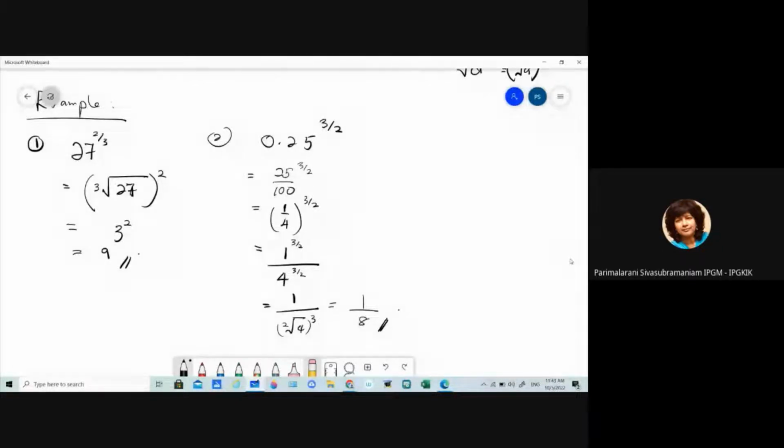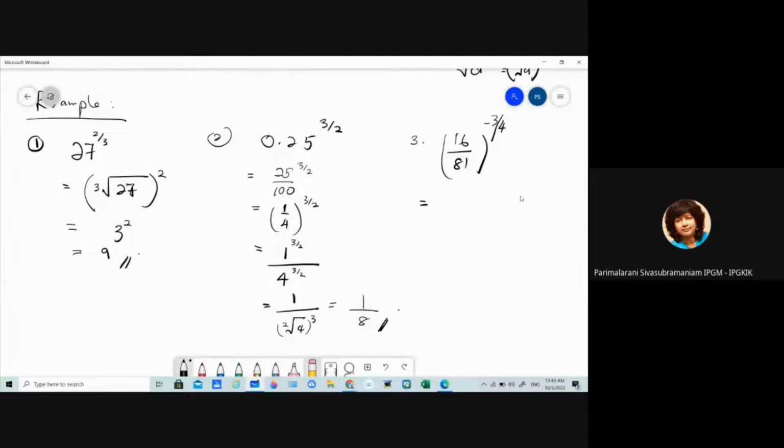Okay. So number 3, 16 over 81 to the power of negative 3 over 4. What is the first step? How should we write this? How do we make this positive? Anyone?